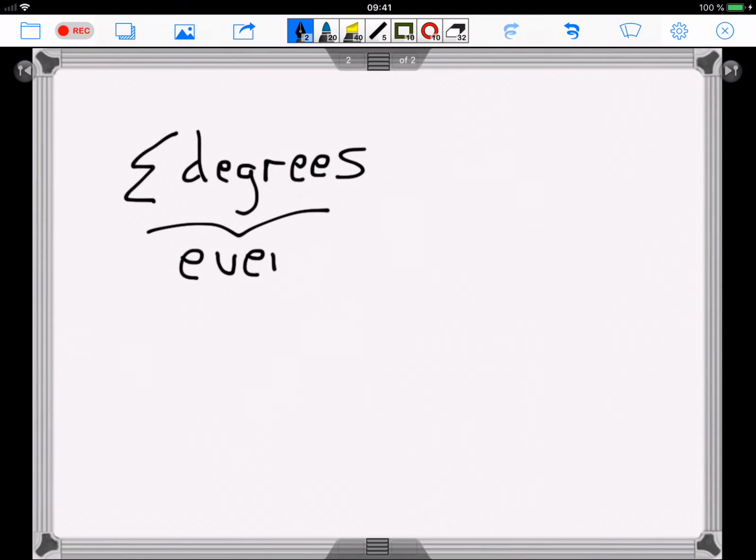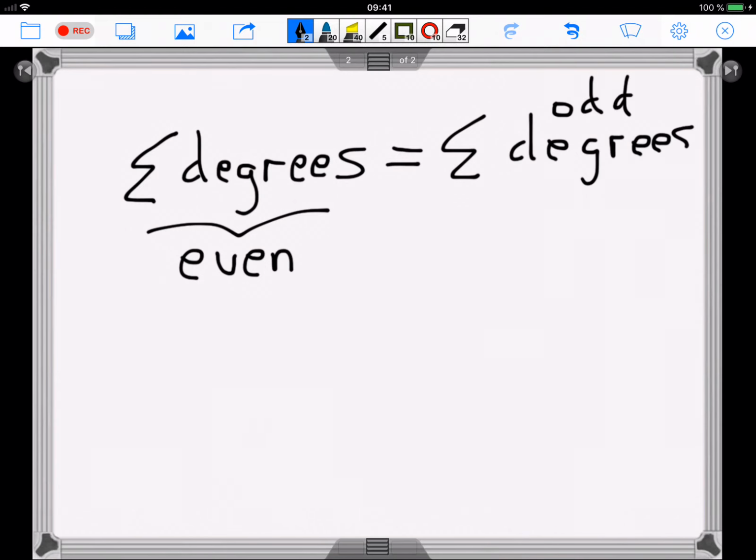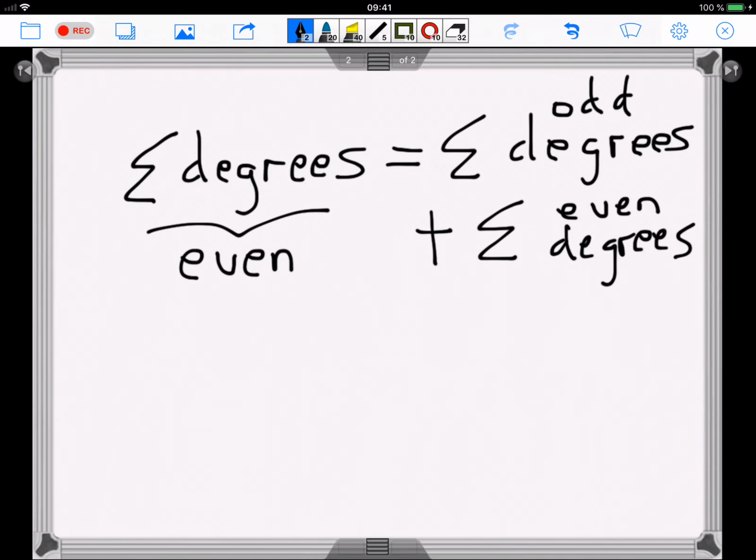Okay, that is exactly what we have stated in the first theorem. But we can decompose this sum into two sums: the odd degrees on one hand and the even degrees on the other hand.